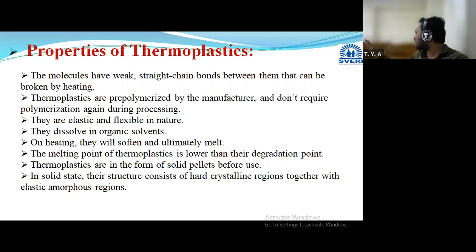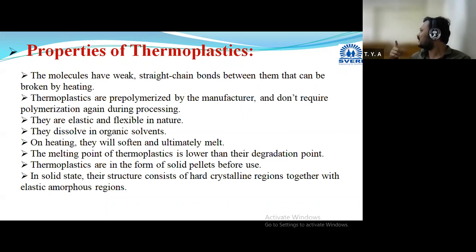Degradation means destroyed. Here what we are saying is the melting point of thermoplastic is lower than the degradation point. Degradation point means that material will be completely vanished. Means its melting point is lower than that degradation point, so before it gets vaporized, it will melt.